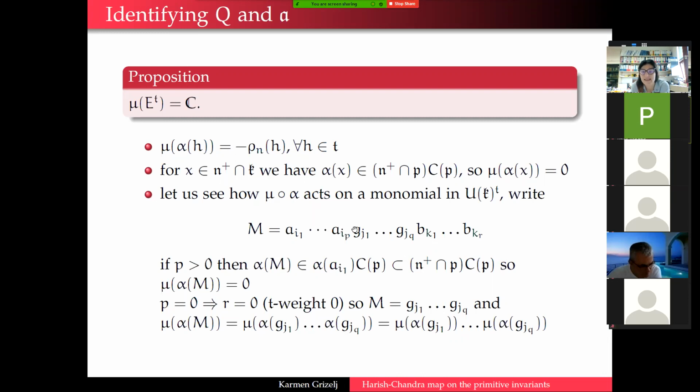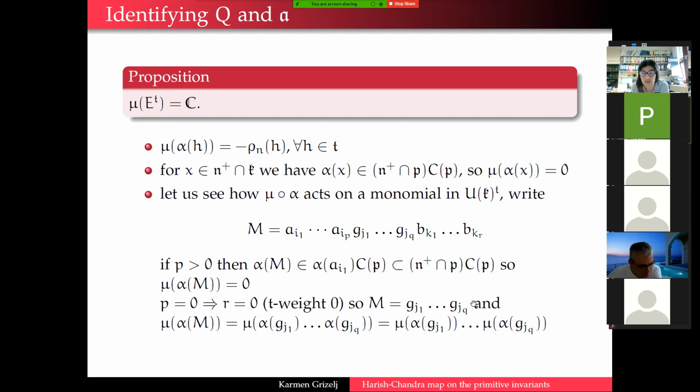But if A's don't appear, then B's don't appear as well, because we're looking at T invariants. So we have to have T weight 0. In that case, we get that M is just some product of G's.